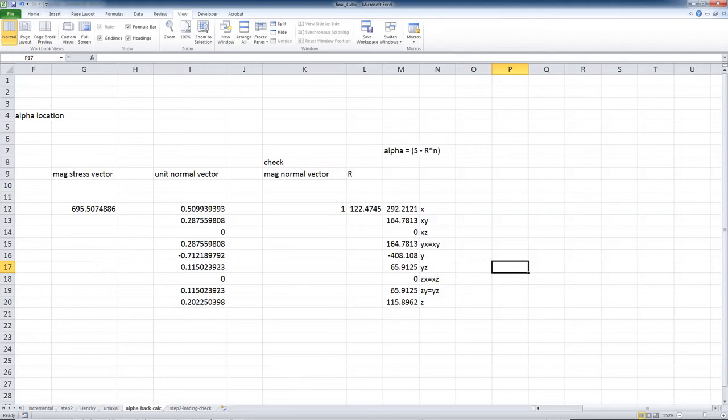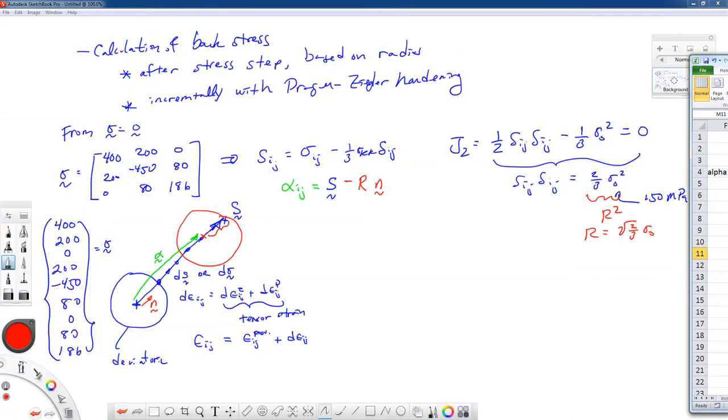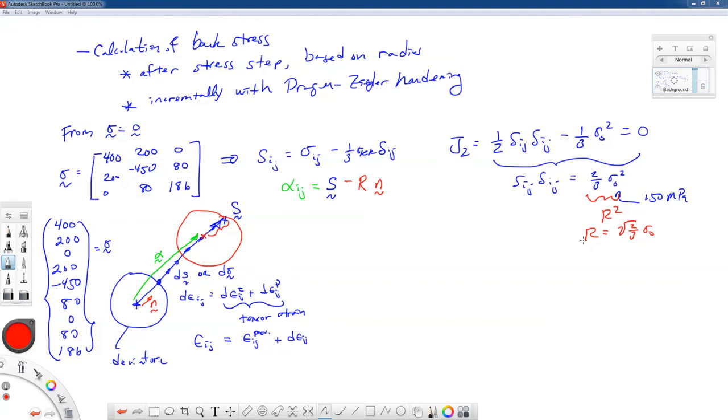Okay, so we're going to check these numbers based on what we get from applying the Prager-Ziegler hardening rule. So let's see if I have enough room to write a little bit of this in here. So we wrote last time that d alpha was equal to d mu times S minus alpha. And this d mu had to be determined by what we call the consistency condition.